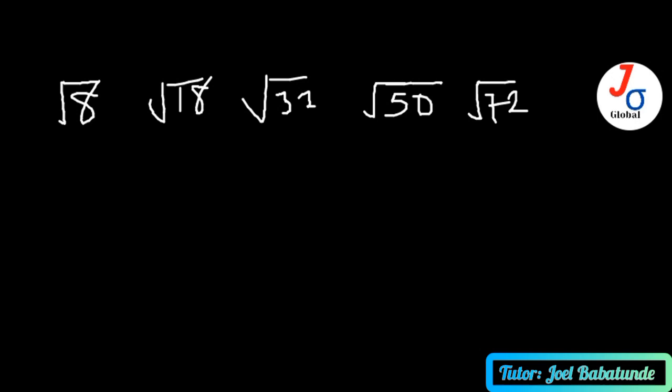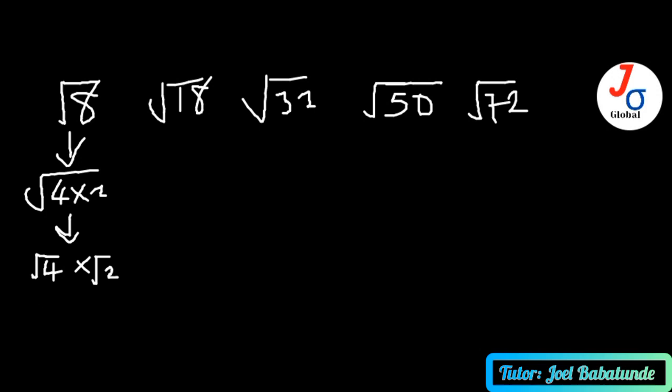Let's simplify these to their basic form. Root 8 is root of 4 times 2, which is root 4 multiplied by root 2, and what I get is 2 root 2.